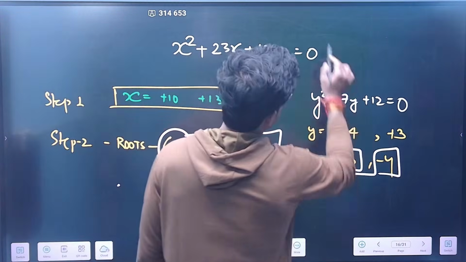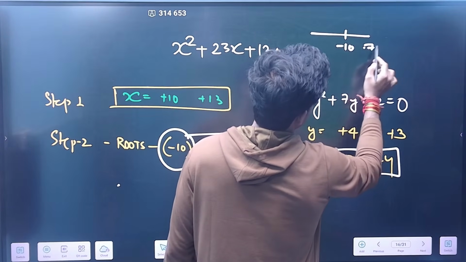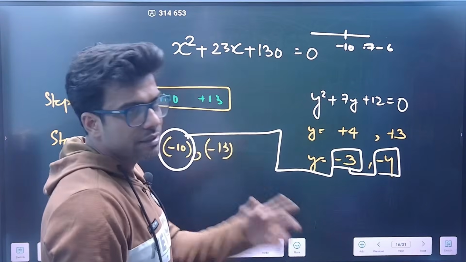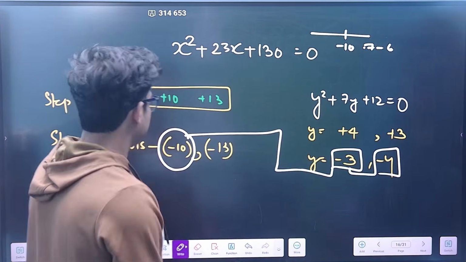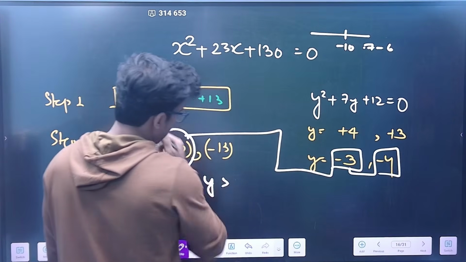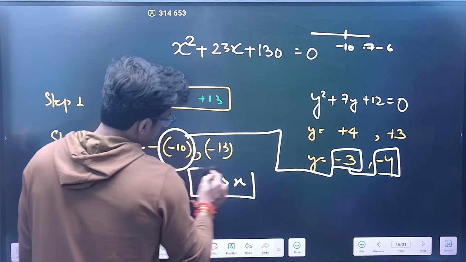If you draw a number line, if there is minus 10, then you go to minus 7, then minus 6. In decreasing value of minus, you get the incremental value. So from here I can say that y is greater than minus 13 also. So the answer would be y is greater than x.